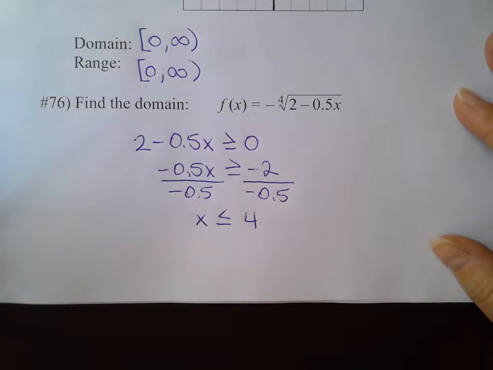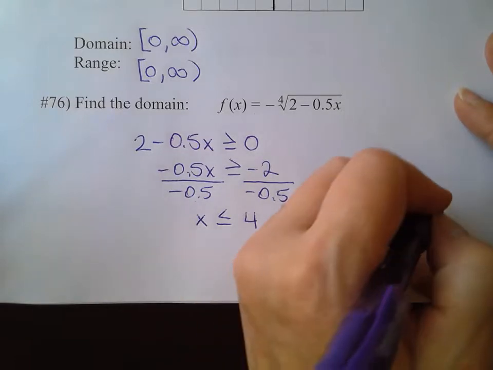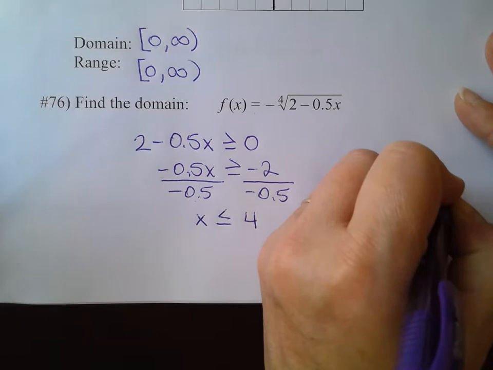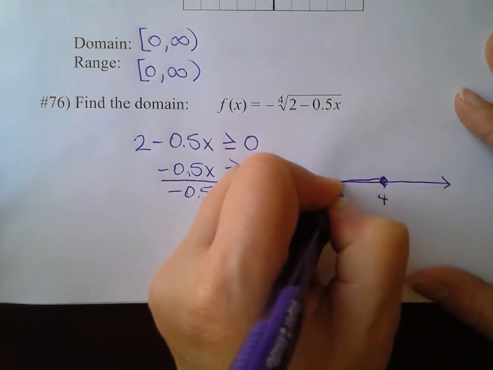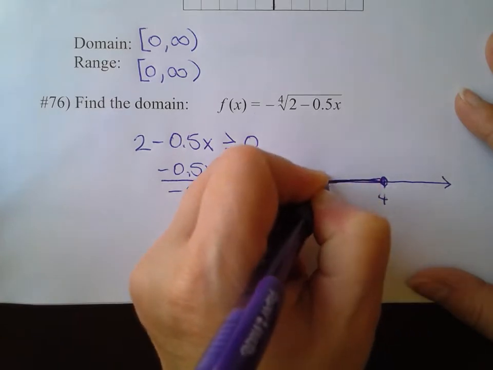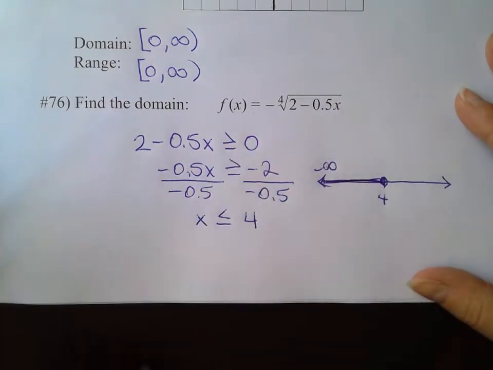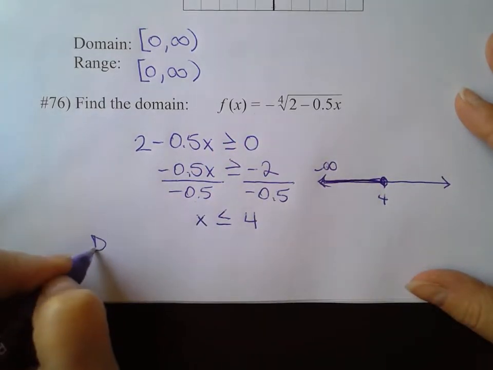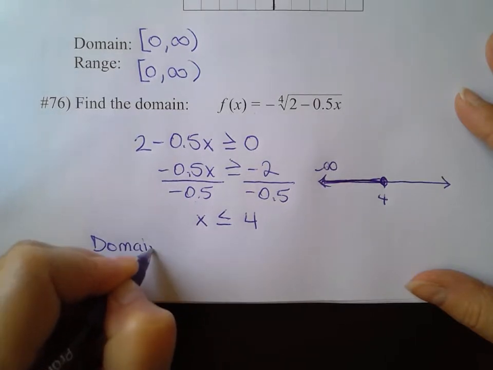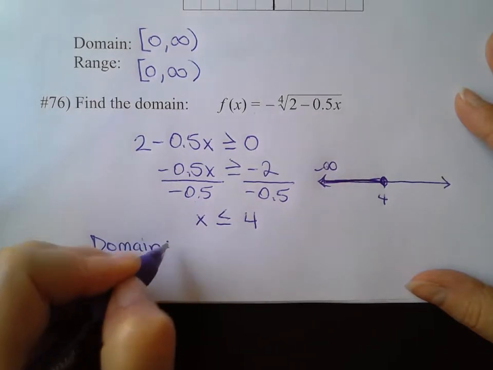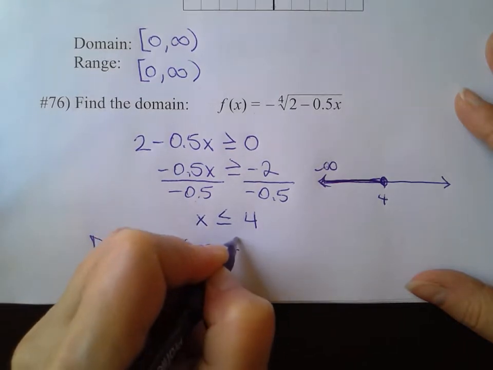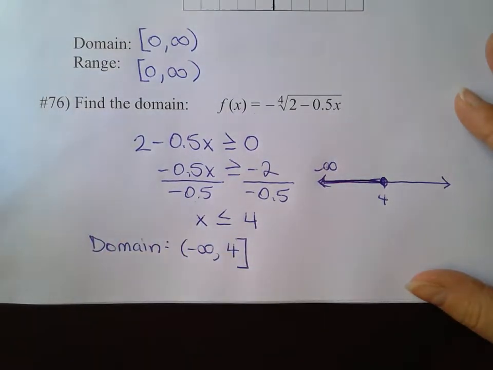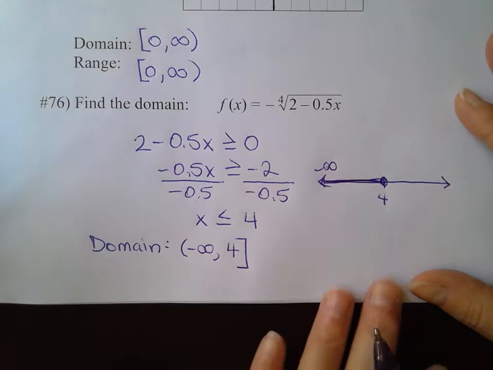I would like to write that in interval notation. If you need to, you can use a number line as a visual aid. So I want to include 4 and everything smaller. So my domain from left to right is going to go from negative infinity up to 4 and including the 4, so square bracket.